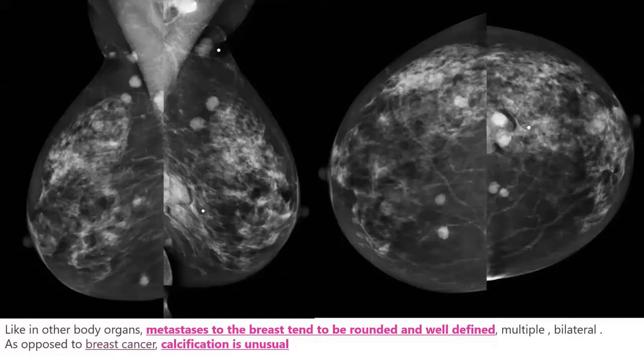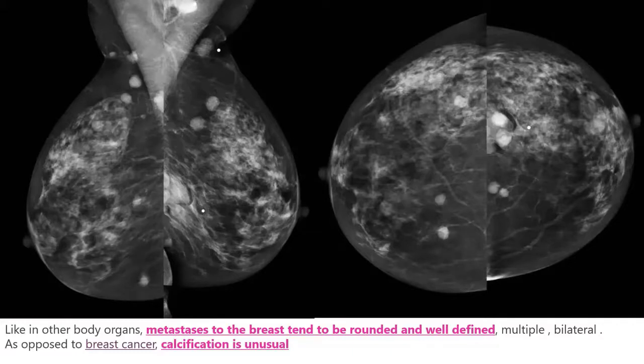This is usually the appearance of metastasis. Usually circumscribed, round or oval, mostly circumscribed but can be indistinct, and scattered within the parenchyma and subcutaneous part of the breast.